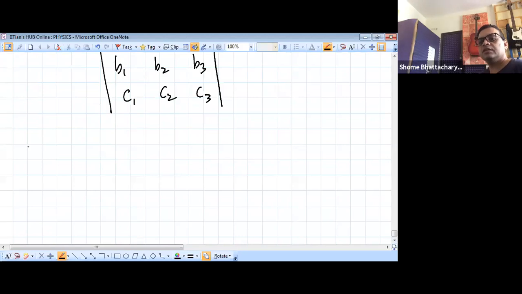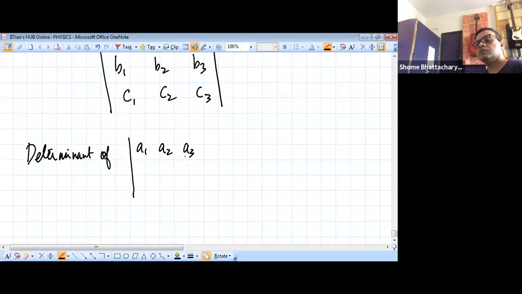Now the determinant of this matrix is given by an entire process actually. First we break it into terms like this.